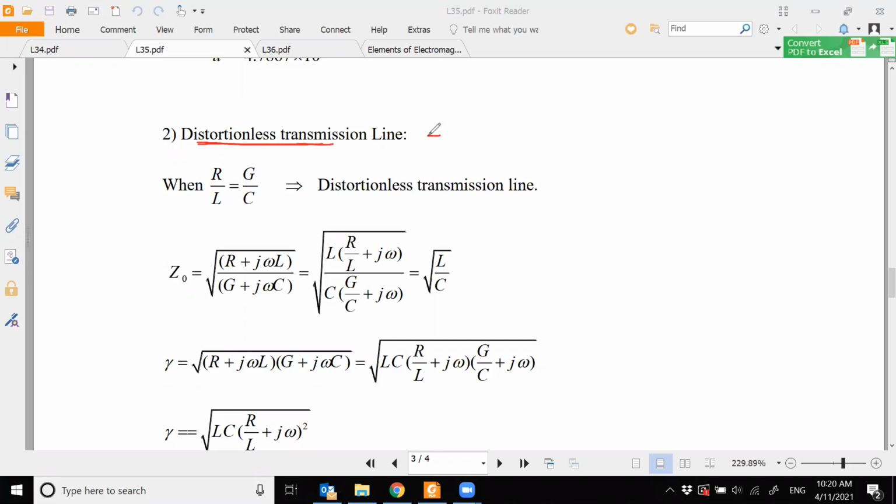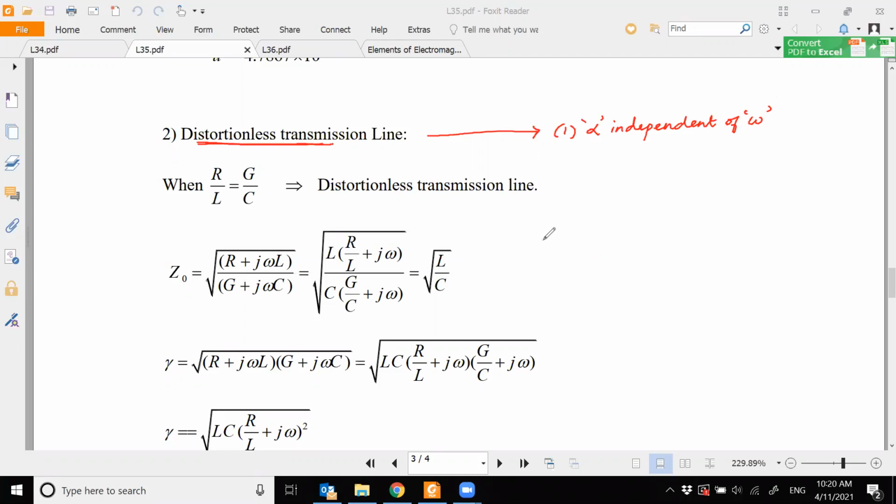Or it is called a distortionless transmission line when my attenuation constant alpha becomes independent of omega.